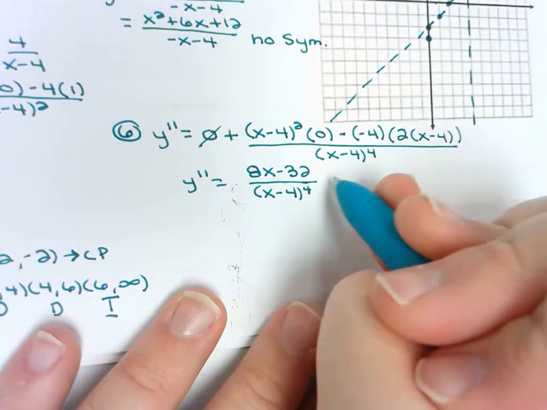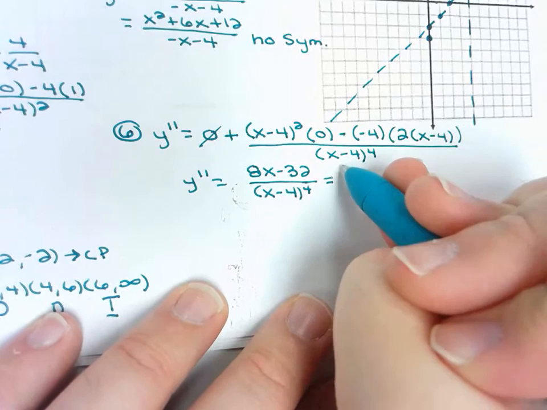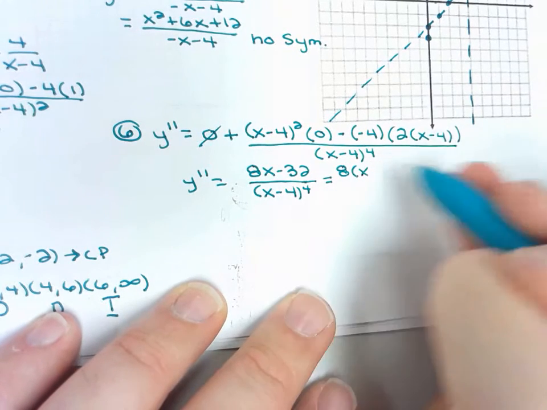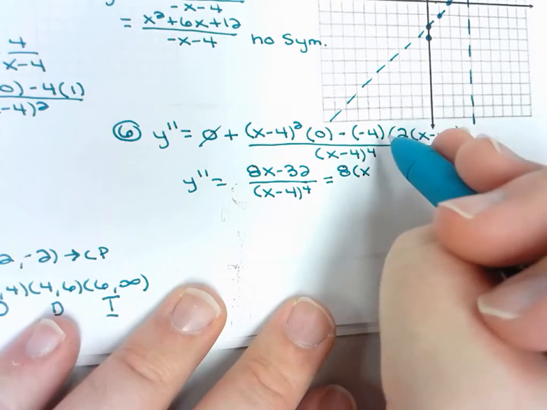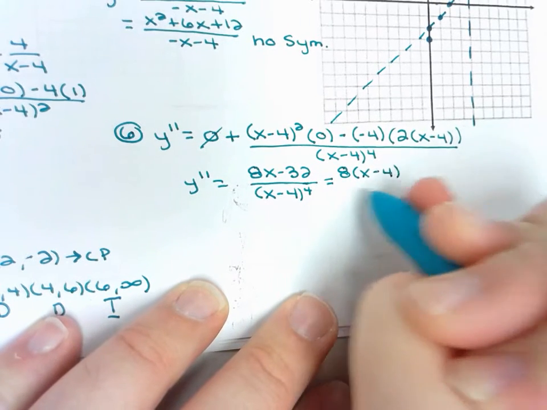Anybody see what I can do? Yeah, take out an 8. You're right, you could have not distributed it, and you would have seen it. But yeah, you can take out an 8.